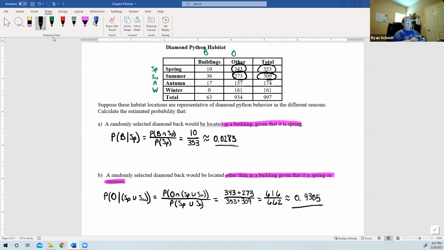There we go. Like I said to begin, this chapter is a lot of math. It's really math heavy.